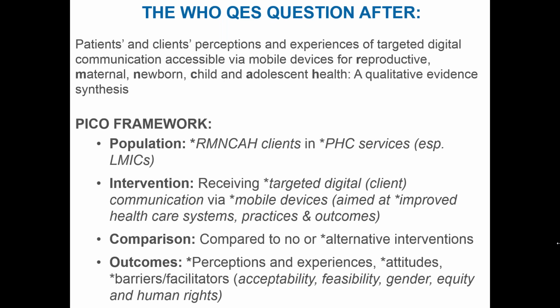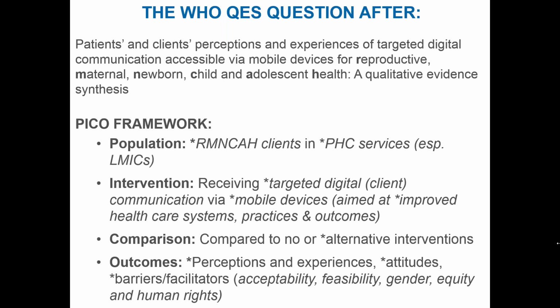So you can see that under population, we now have a much more expanded set of information about who we're talking about: reproductive, maternal, newborn, child, and adolescent health, and that also answers Ari's question about it being mixed gender and mixed age.